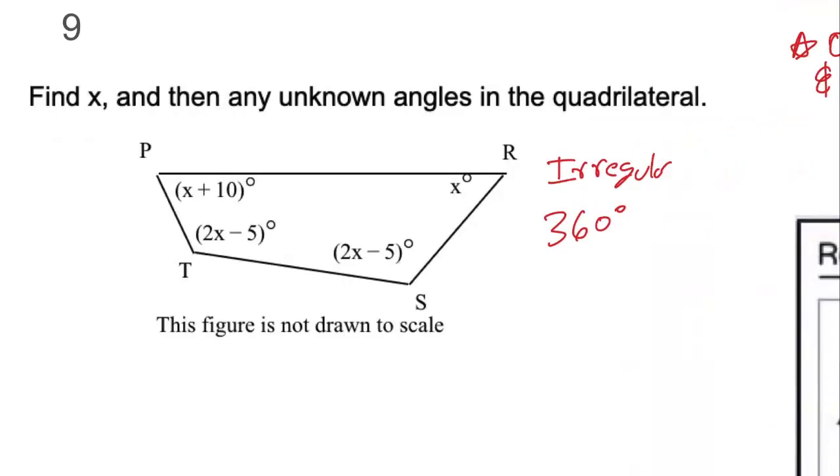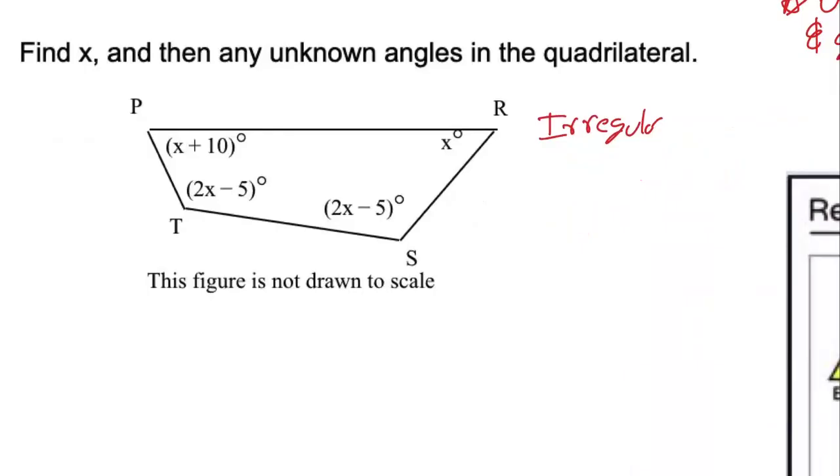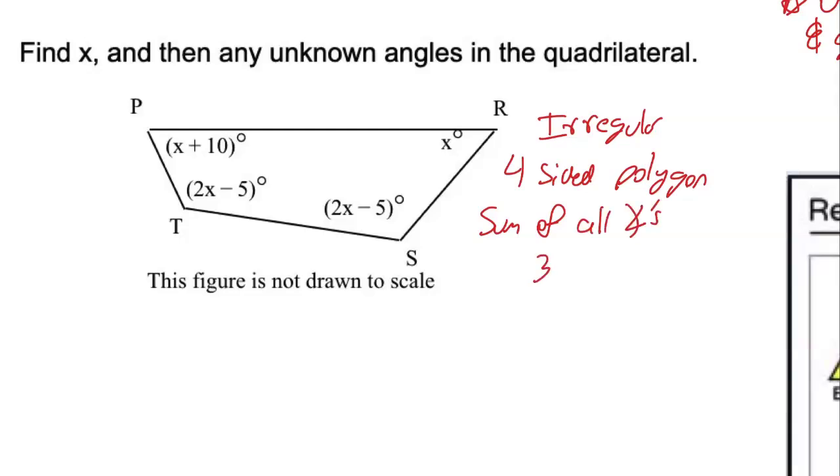But for an irregular four-sided polygon, the sum of all angles is always going to be 360 degrees. So it's the same as the previous problem, but in this case, I'm not going to apply the formula because I already know that's going to be 360 because I did it for the previous problem. So I don't necessarily have to do it for this problem.